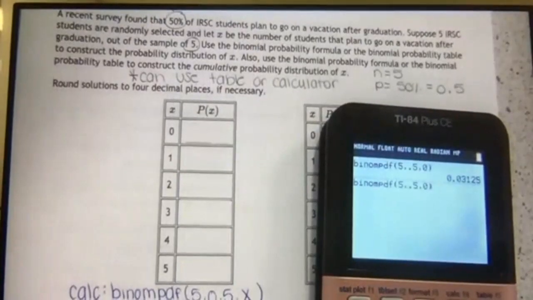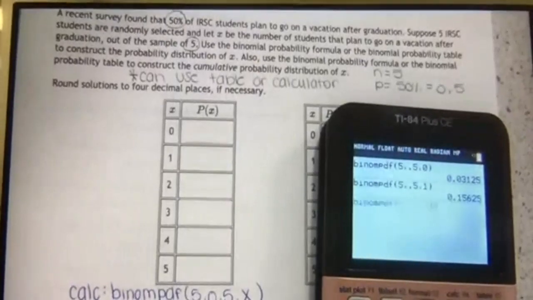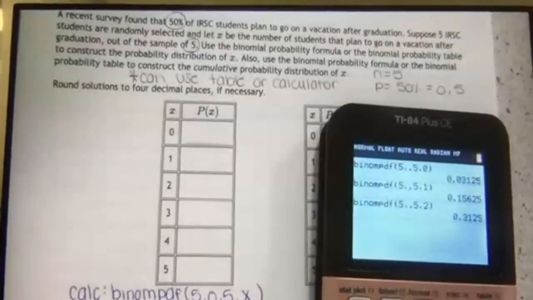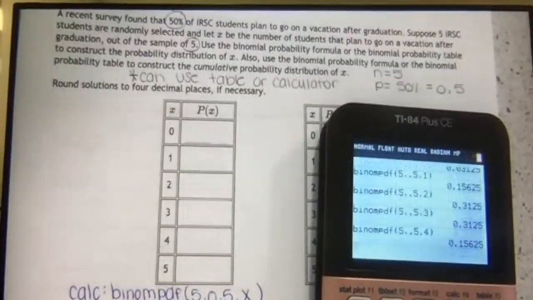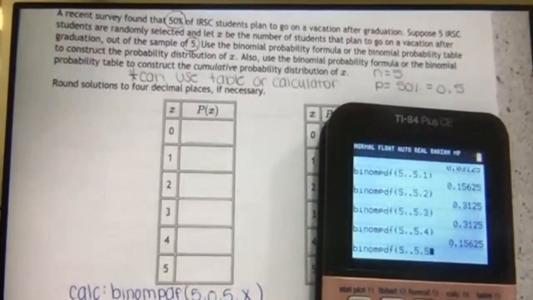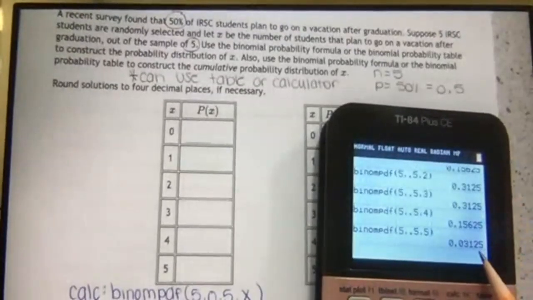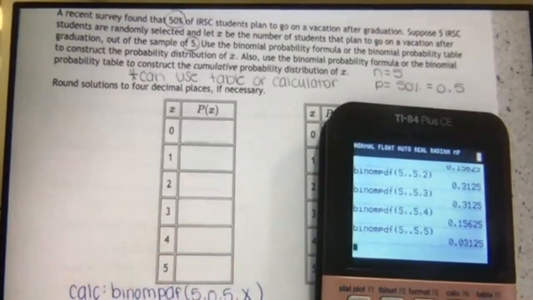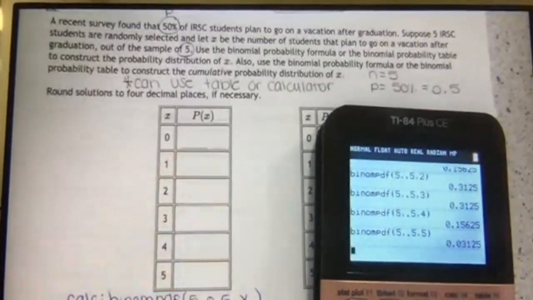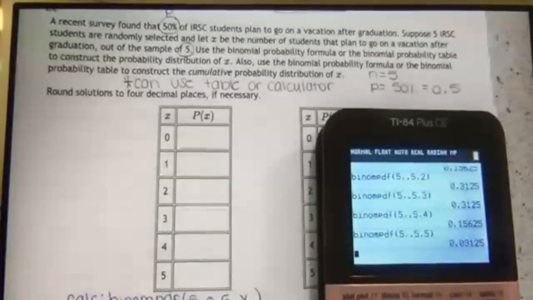Second enter when X is 1, second enter when X is 2, 3, 4, 5. These are all the numbers that are going to go on my table. Or you can use your table.